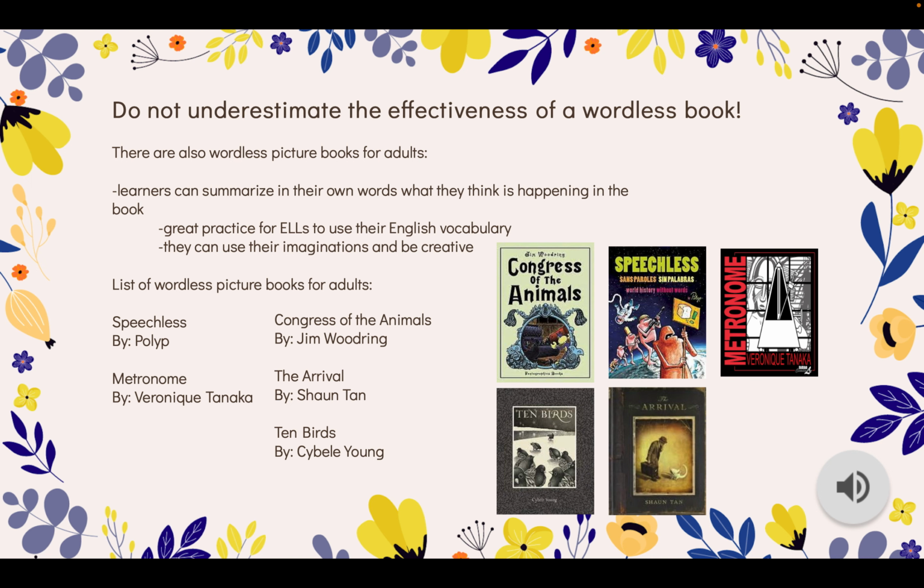Beginning readers and all types of readers can use their imaginations and be creative. Here is a list of wordless picture books for adults. Speechless: World History Without Words by Polyp. Metronome by Veronique Tanaka. Congress of the Animals by Jim Woodring. The Arrival by Shaun Tan. And 10 Birds by Sybil Young.